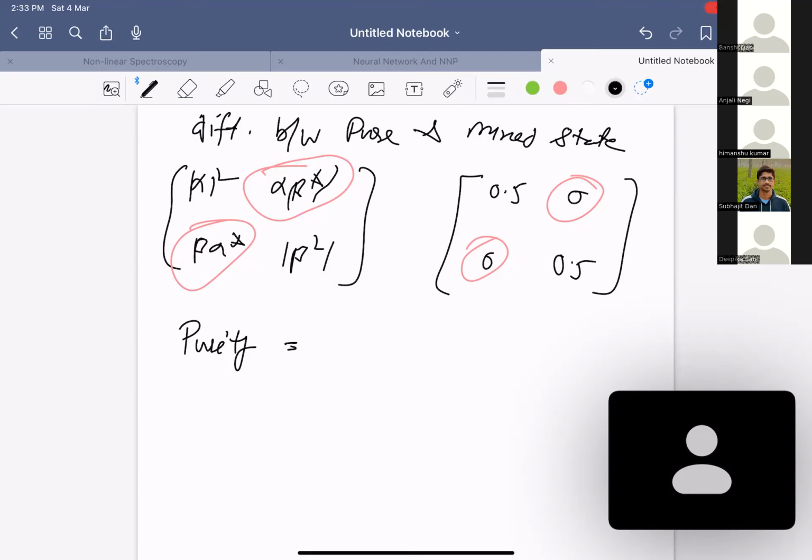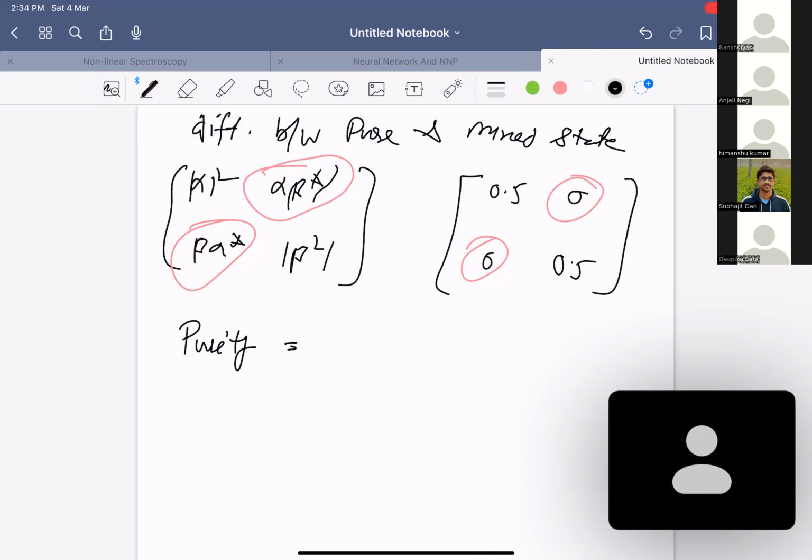In another example, if we take the ground and excited states, they are independent before we put any electric field. But when we apply the electric field, there is a mix of these two states.